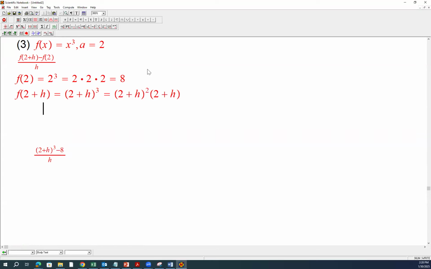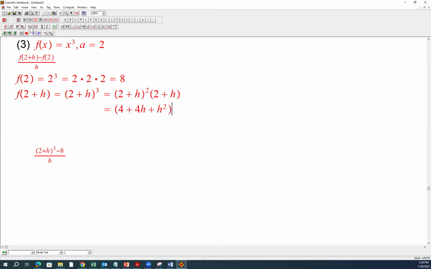Okay, so what do we get here? We know how to do 2 plus h squared, right? That's a squared plus 2ab plus b squared. So we're going to get a 4 plus 4h, plus h squared.